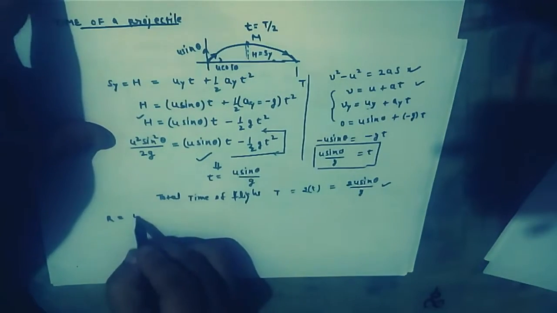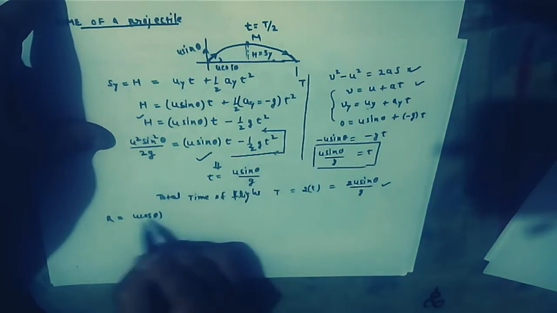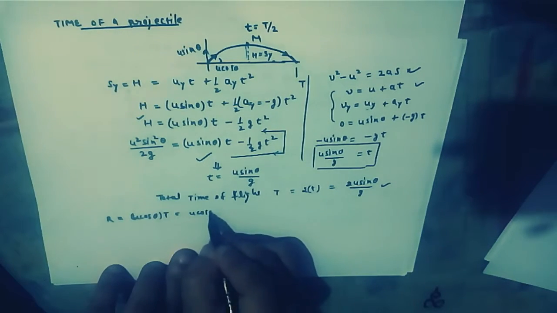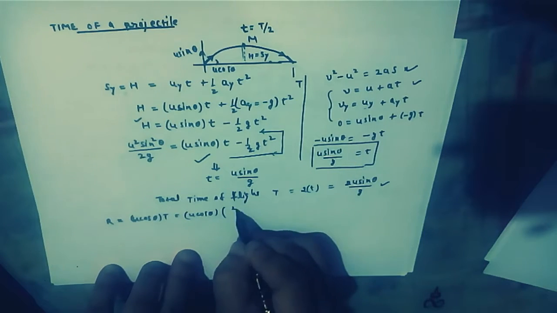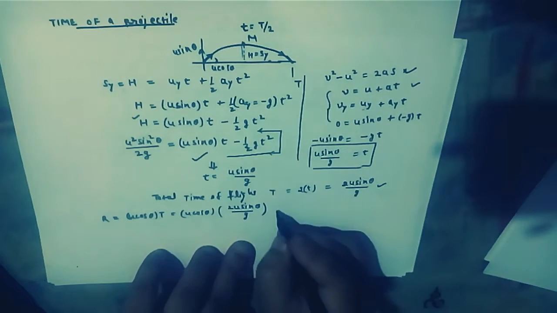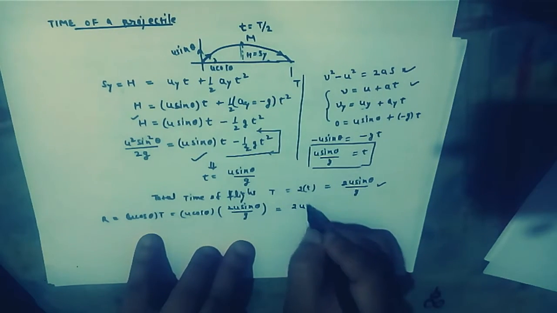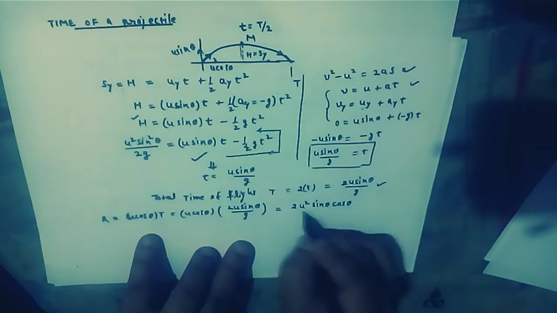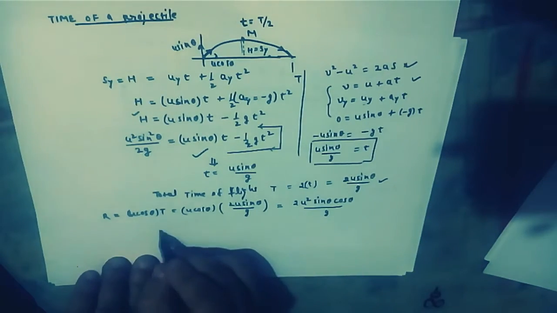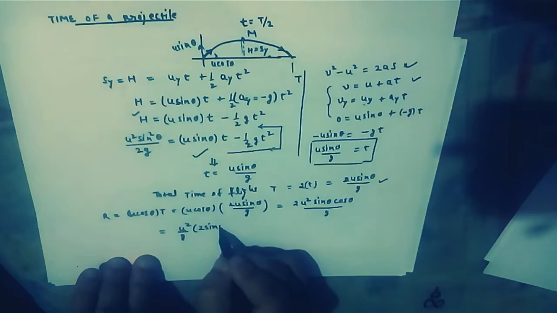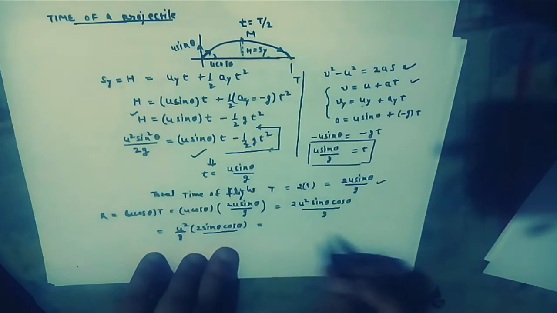That is u cos theta into capital T, where capital T is 2u sin theta upon g, which is 2u square sin theta cos theta upon g, which is nothing but u square upon g, 2 sin theta cos theta, and we know that 2 sin theta cos theta is nothing but sin 2 theta.